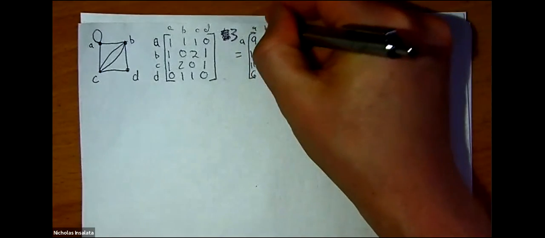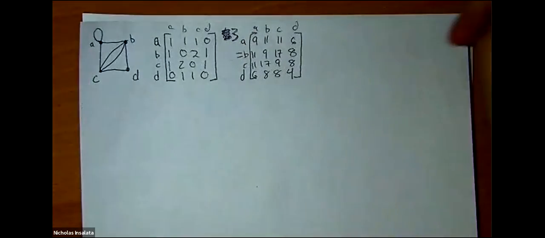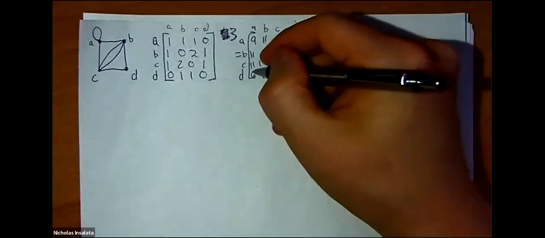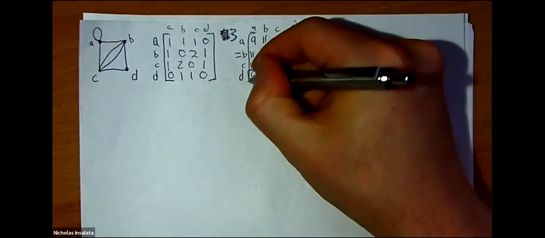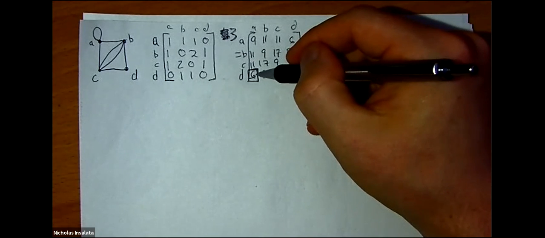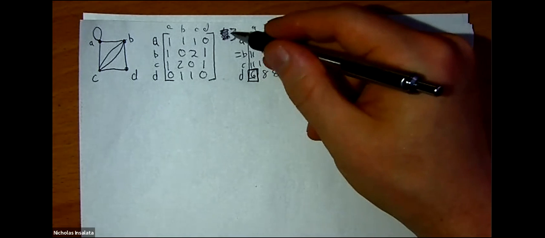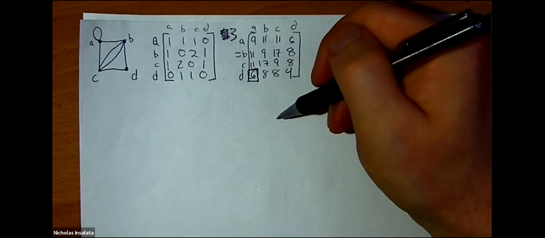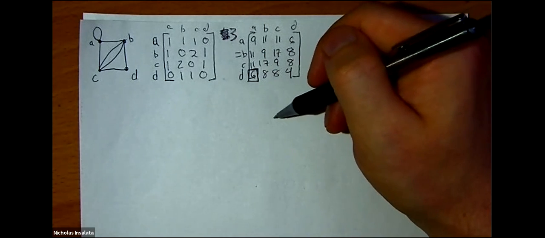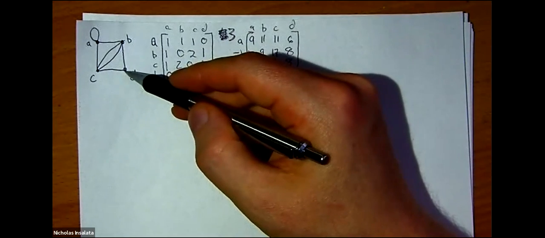So let me give you an example. This number 6 is telling me that there are 6 different walks from A to D of length 3.